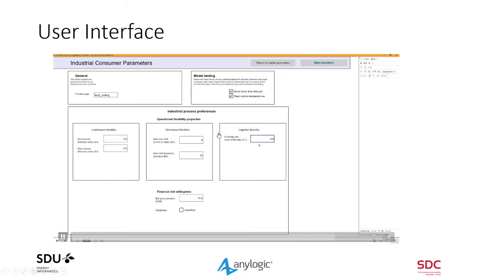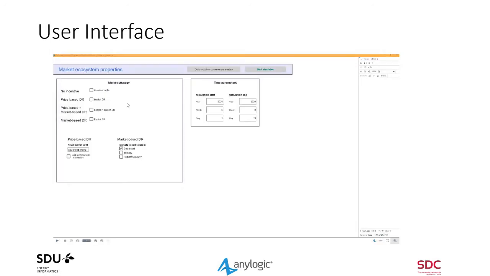And then you can also tweak other parameters, such as the time shift, which is the duration you allow before the temperature has to go back to normal, or the amount of hours you're willing to shift from your baseload consumption. And I won't go into the financial risk willingness, but that's essentially more financial-based strategies. Yes, so that's essentially the parameters which the user inputs before launching the simulation.